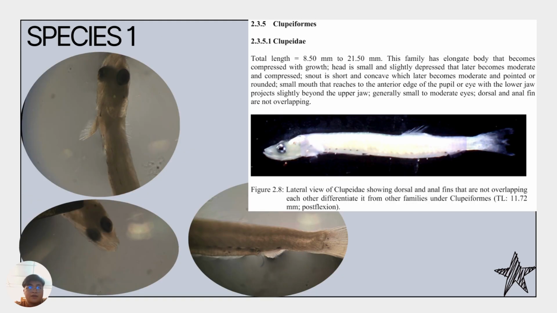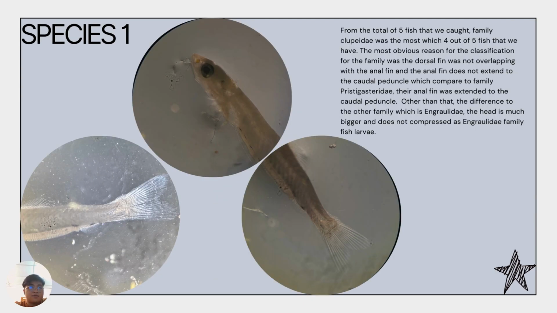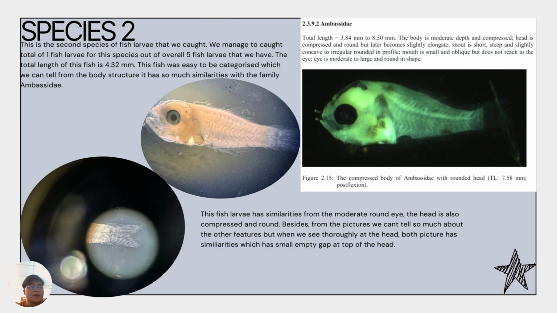In the first picture we can see the anal fin very bright in color, but here we cannot see it as much, but we can tell it is not overlapped.